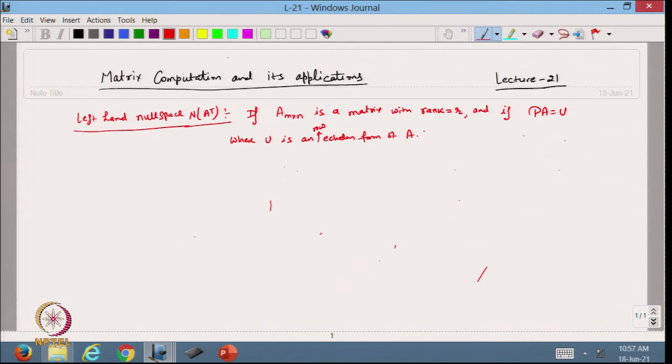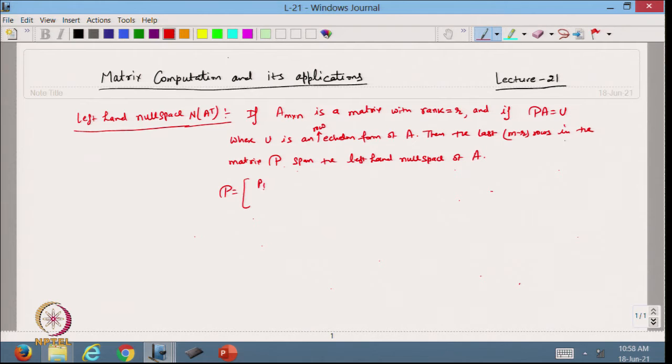Then the last m minus r rows in the matrix P span the left hand null space of matrix A. And so, now here P is written as P1 and P2.